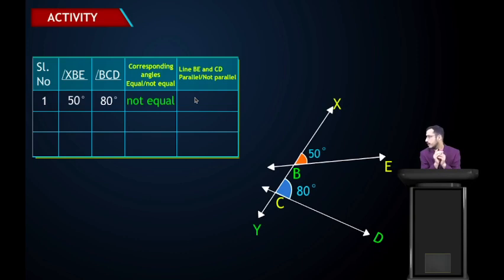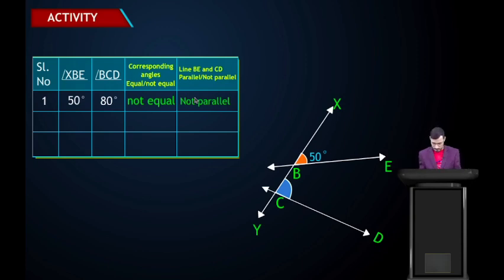You can see both are not equal. One is 50 and the other is 80, so they are not equal. Can you tell me whether lines CD and BE are parallel or not? Of course, not parallel.